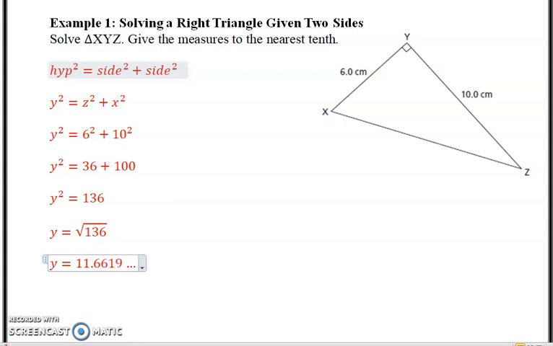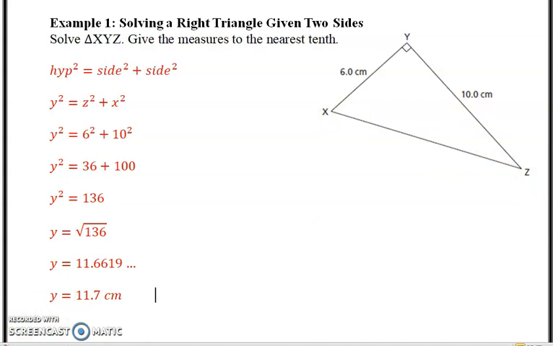Just grab a few decimal places from your calculator, and then the last you'll say y is equal to 11 decimal, and it says the nearest tenth, so the 6 rounds up to a 7. Don't forget your units, centimeters, and that's it. That's going to give you the side xz, or lower y, whatever you want to call it.